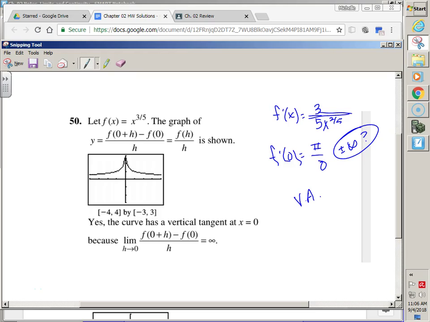Because it depends on the graph. Like, for instance, look at, what are the two no's, 49 and 52? Did you guys read the entire description from up above? The curve has a vertical tangent if, as you go to 0, the derivative is negative infinity or positive infinity.